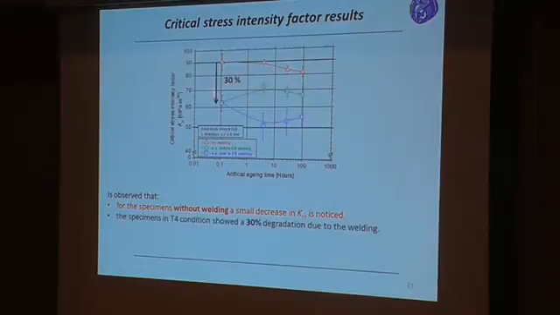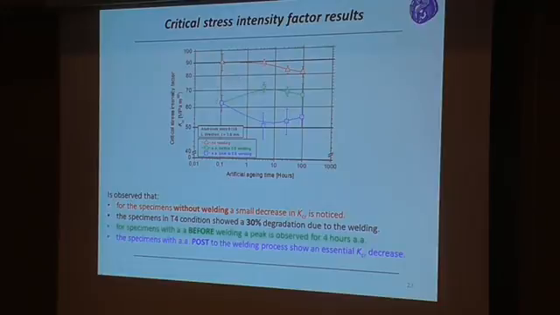The T4 condition has 30% degradation due to the weld. For aging before the welding, a peak is observed at 4 hours, and the specimens post to the weld have an essential decrease.